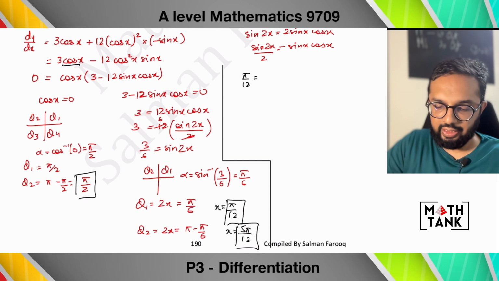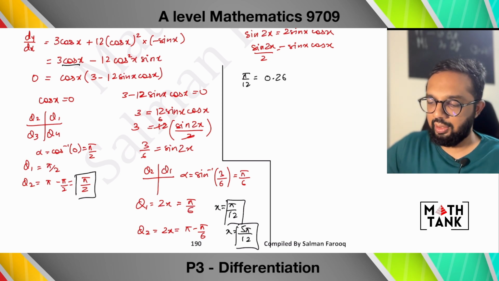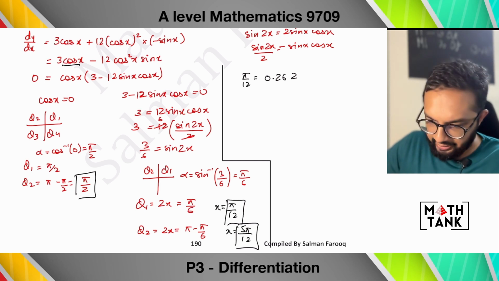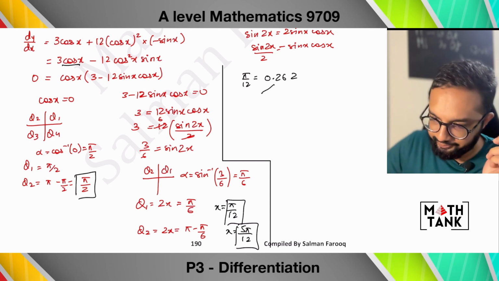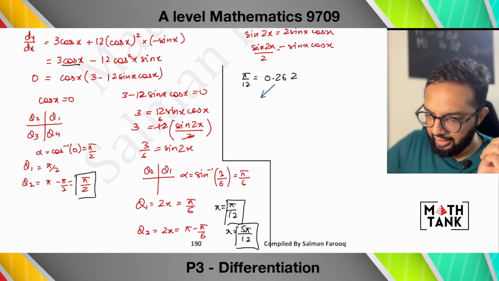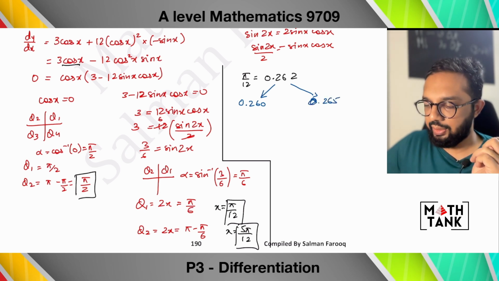So I have pi over 12, which in decimals is 0.262. So I'm going to choose a value right before it, 0.260, and a value right after it, 0.265.